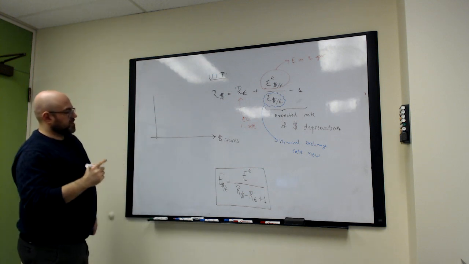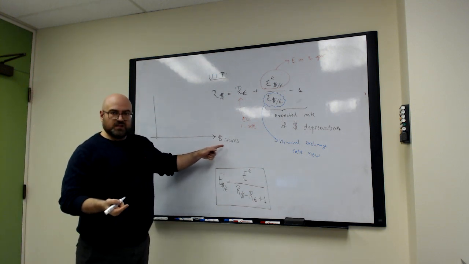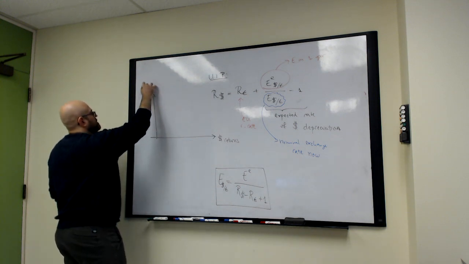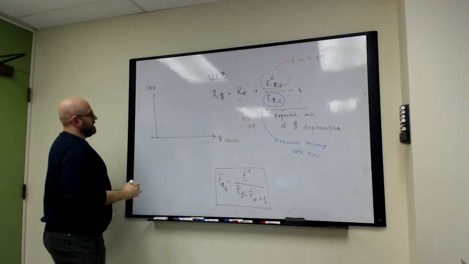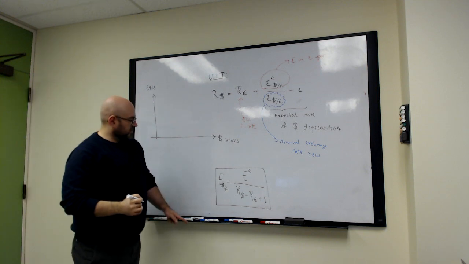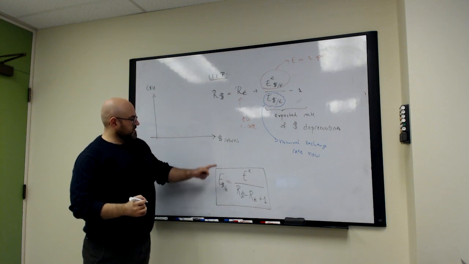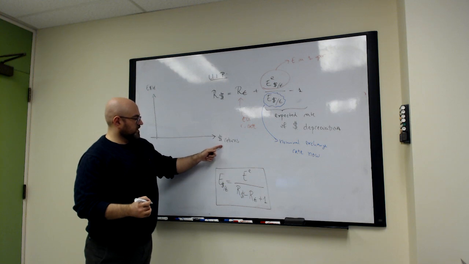The Forex market will have dollar returns on the horizontal axis and the nominal exchange rate on the vertical axis. And so we're going to plot the nominal exchange rate as a function of the dollar return.